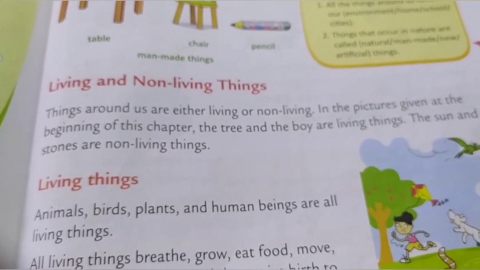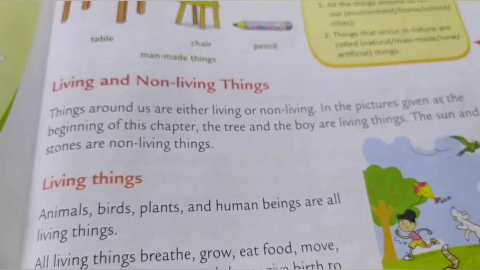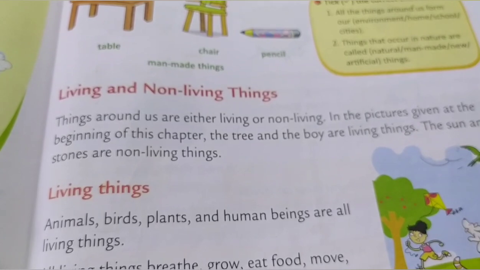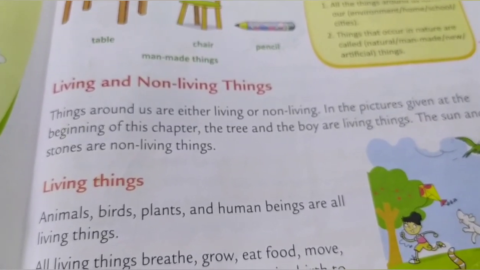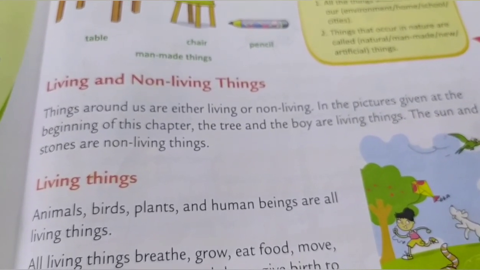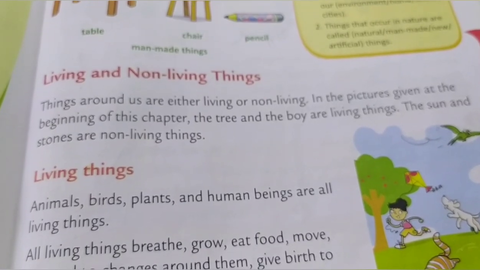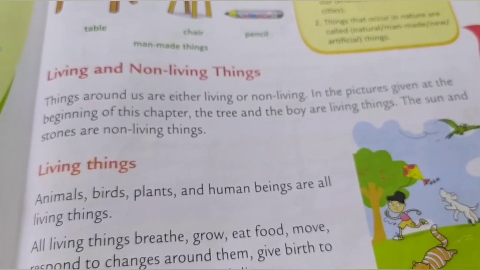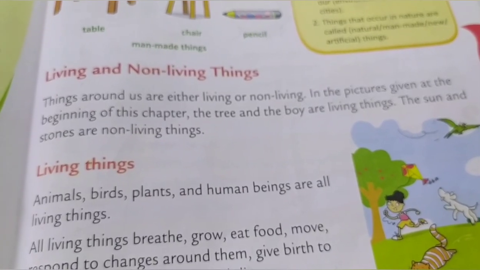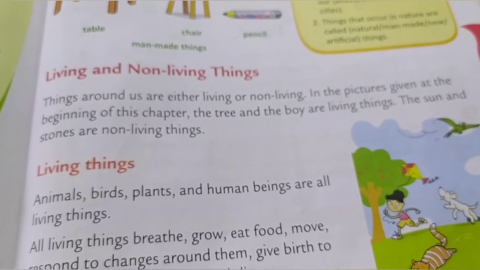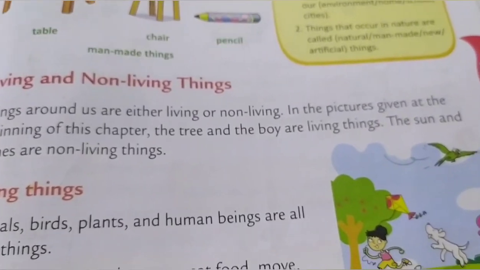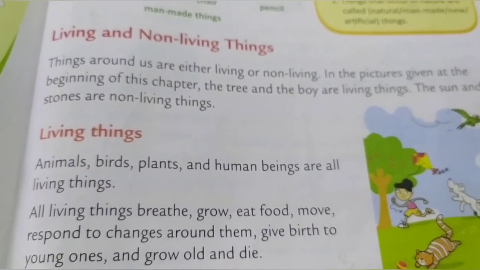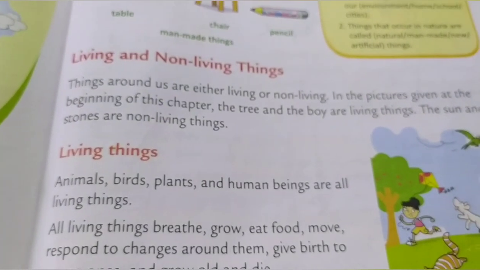Repeat also. Things around us are either living or non-living. In the pictures given at the beginning of this chapter, the tree and the boy are living things. The sun and stones are non-living things.